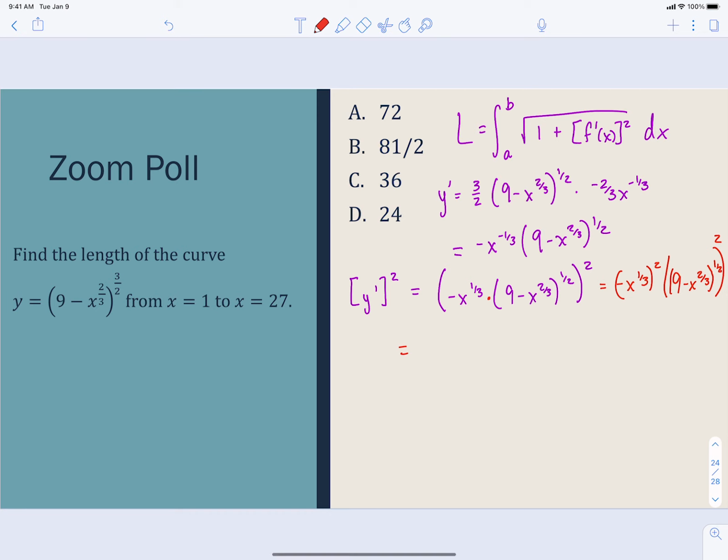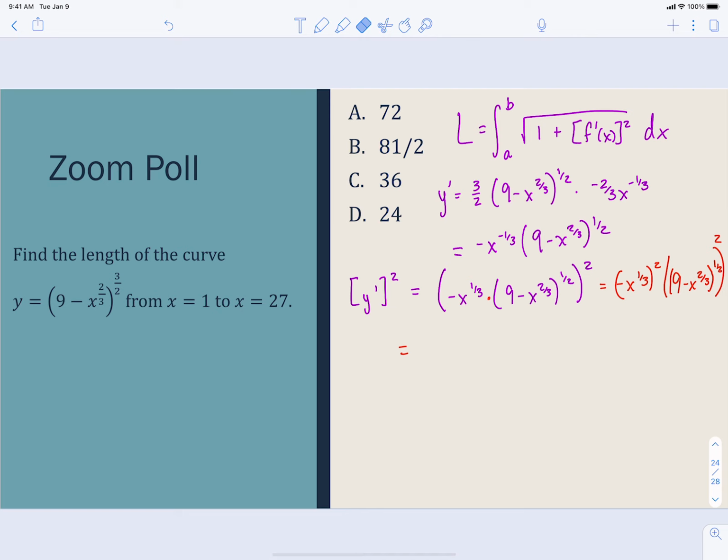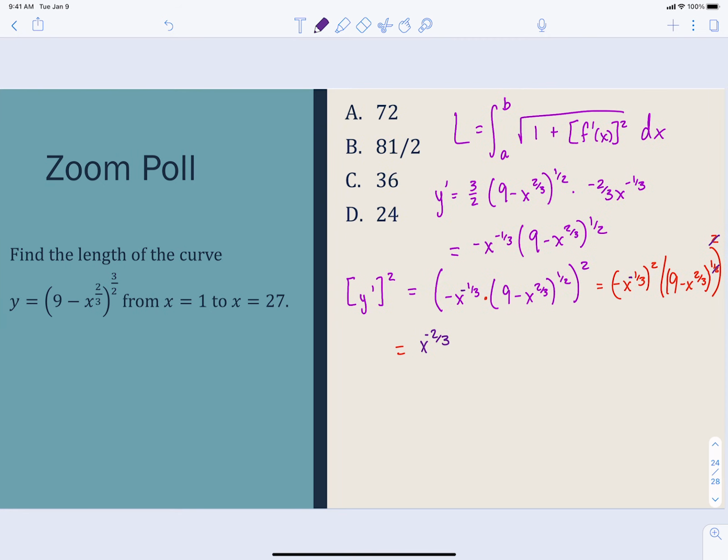Okay, so that x is going to end up being positive x to the 2/3. Oh, and I lost my negative there. Sorry about that. That should be positive x to the negative 2/3. Ooh, okay, there we go. And then this squared and that square root cancel out, and we're just left with 9 minus x to the 2/3.